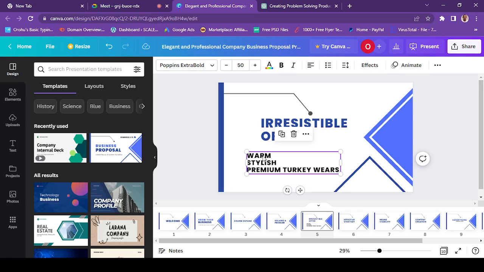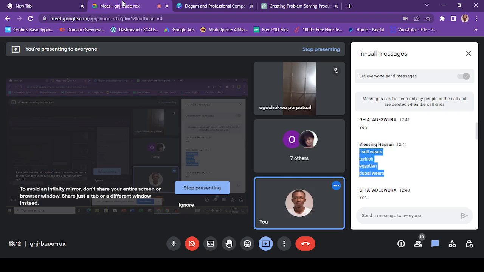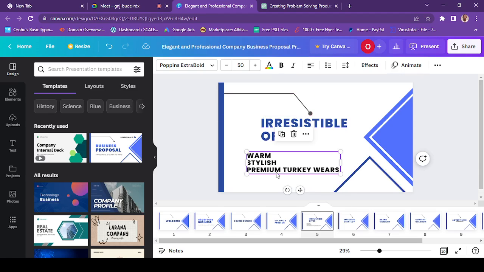It's going to help you stay warm. Number two, it is going to style up your dressing, or should I say the turkey wear is stylish. So you are going to stay warm, you are going to stay stylish. And also the turkey wears are premium. So now I can decide to make these 3 lines my offers to you.